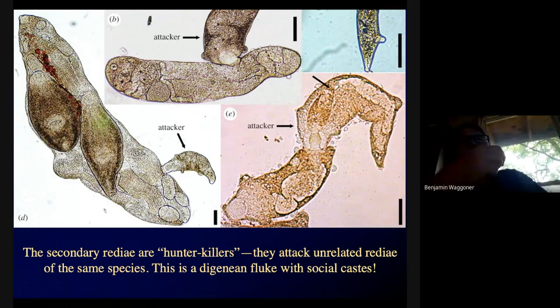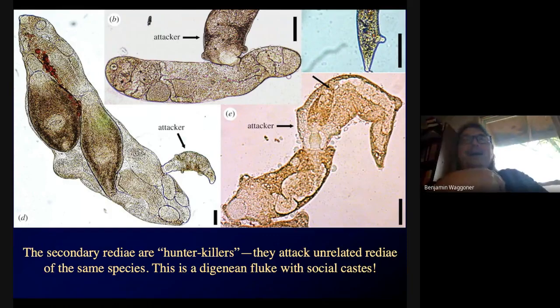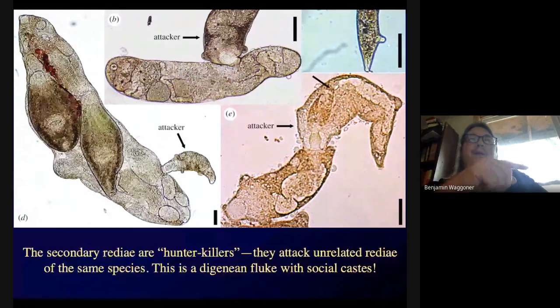Each sporocyst develops multiple redia, and the redia from one will attack and kill and eat redia of the other. So you have reproductive redia and hunter-killer redia that clear space to make sure that only their redia get to reproduce. They'll kill unrelated redia.